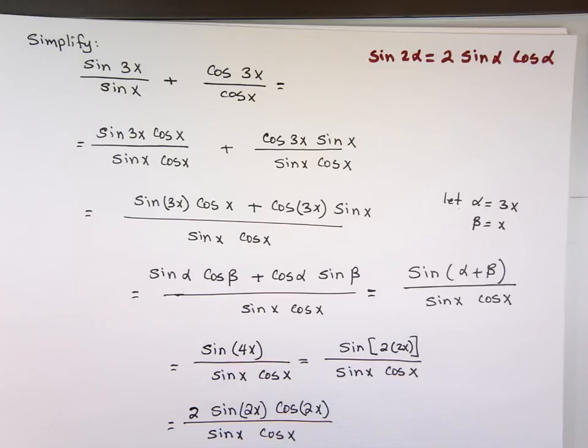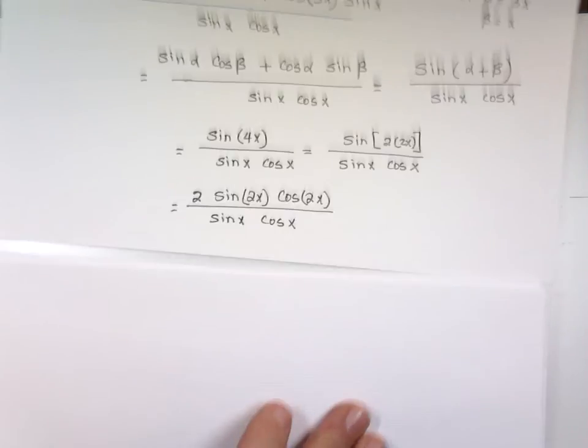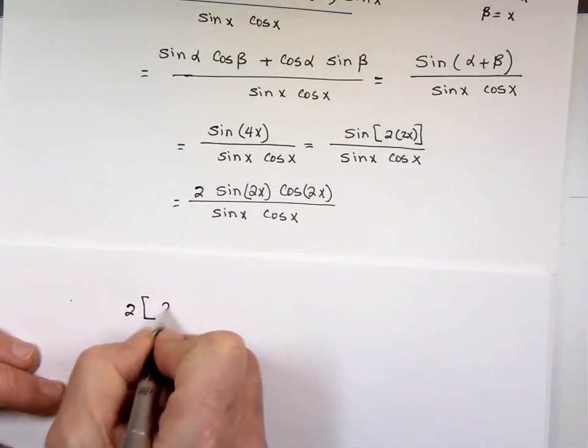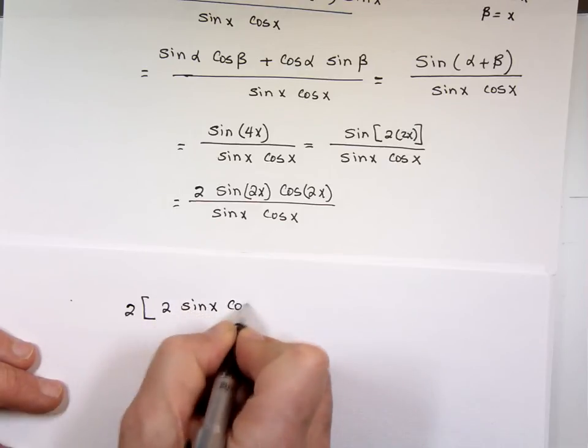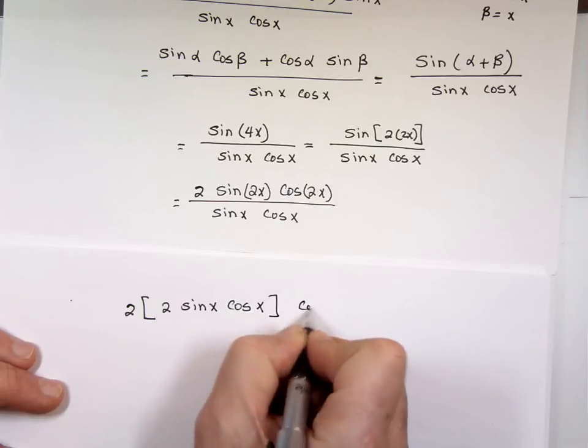So now I can do sine 2 alpha, or 2x, again. If you break that one more time, I'm not done with it, so that would be 2 times, what is sine 2x? 2 times sine of x cosine of x. Actually that's good. Leave the cosine 2x alone for now.